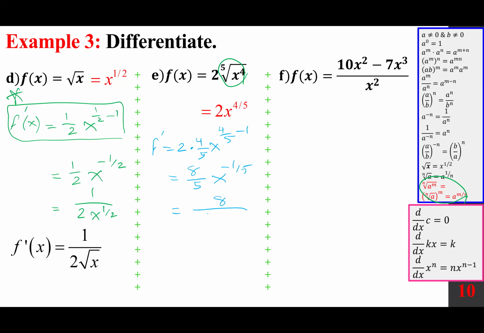Then 8 over 5 x to the power of 1/5. Put it back: 8 over 5, the 5th root of x.